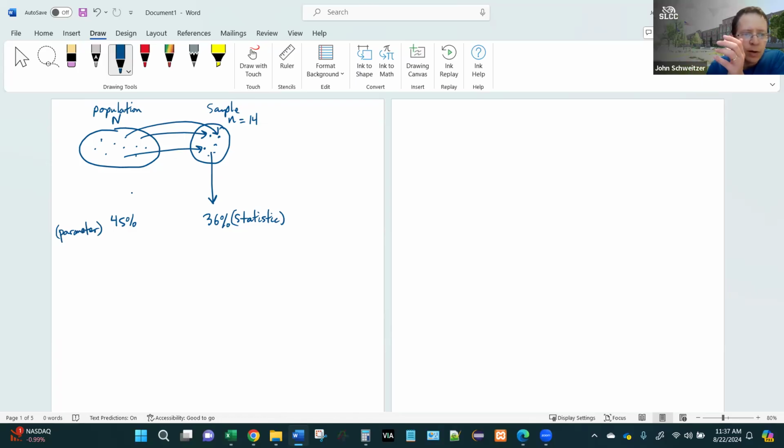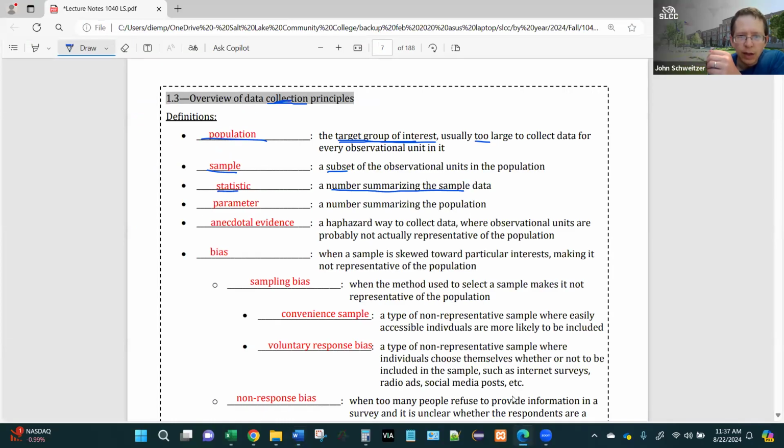A parameter is a number that describes a population. So the parameter there, 45%, is a numerical description of a population. It's a single number that summarizes the population.